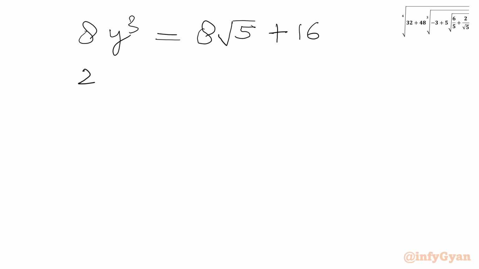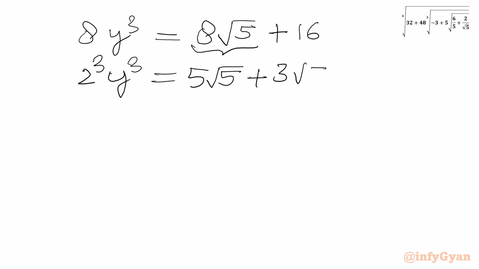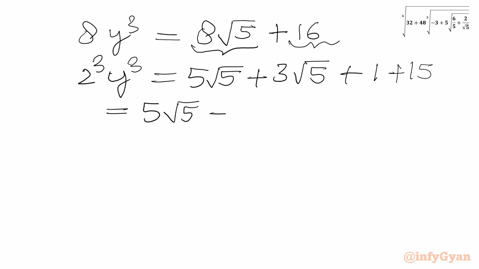So 8 we can write as 2 cube y cube. Now 8 root 5 will split as 5 square root 5 plus 3 square root 5, and 16 we will split as 1 plus 15. Now I can write 5 root 5 as it is, plus 1, then plus 15, then plus 3 square root 5.